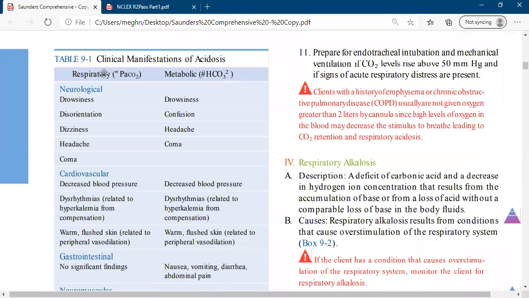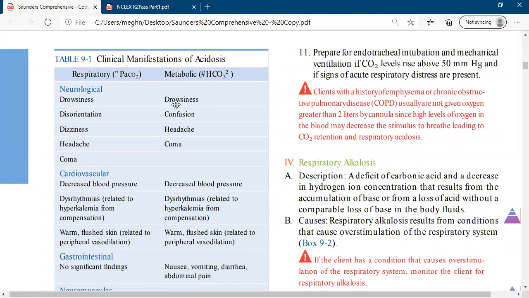In respiratory acidosis, the patient may feel drowsiness or be disoriented, or feel dizziness or headache, and if untreated, they go into coma. Whereas in metabolic acidosis, the patient also feels drowsiness or confusion, headache.